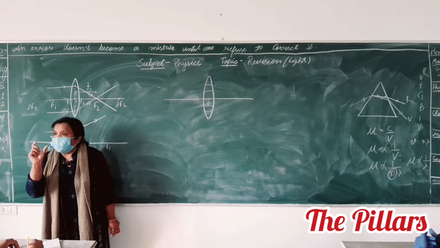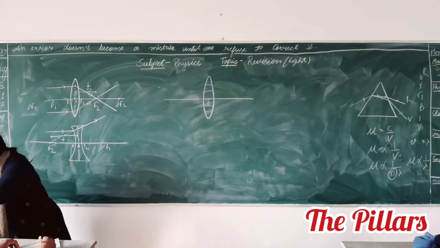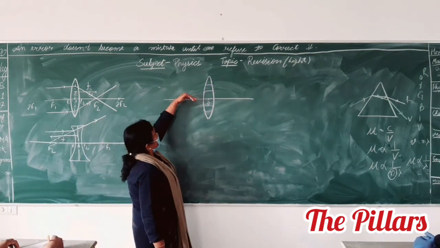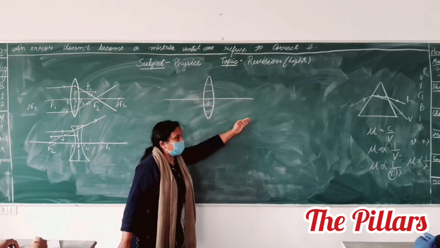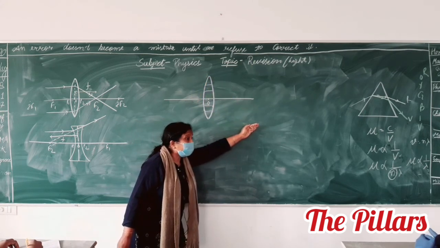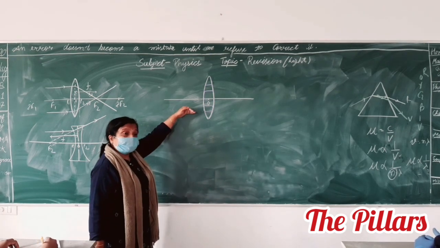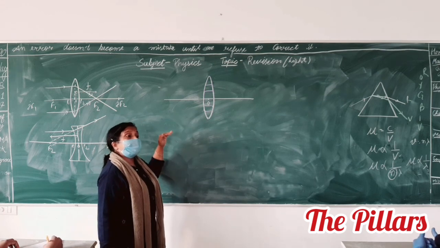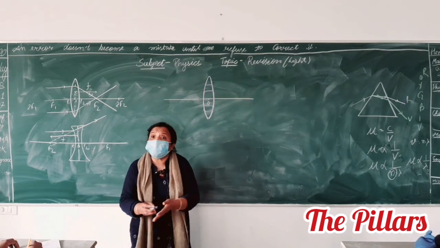The prisms which are above the principal axis have their bases in downward direction, and the prisms which are below the principal axis are arranged in such a way that their bases are in upward direction.